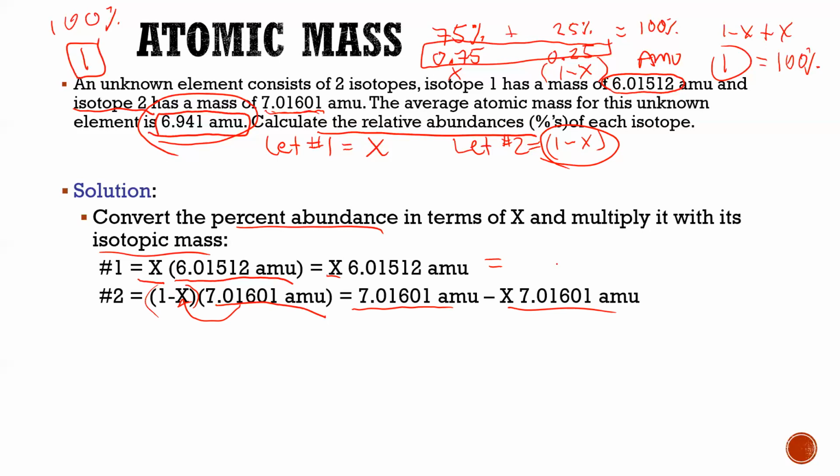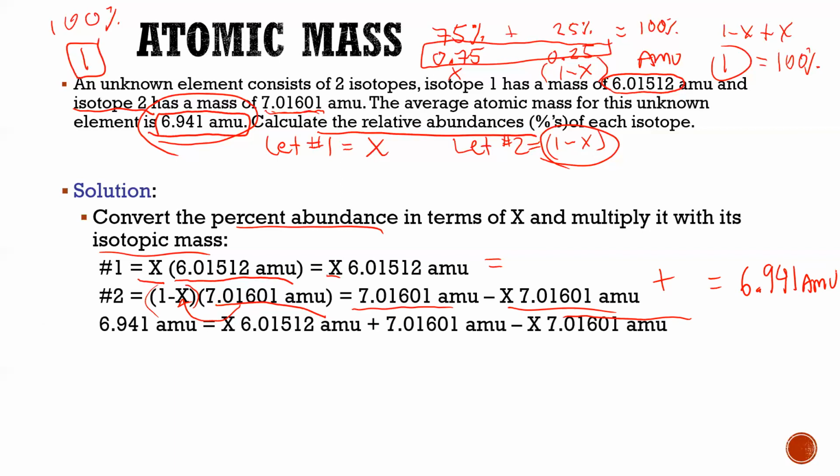And then I would take these two products, and remember, I'm going to add them, and it should equal, when I take the sum of this, 6.941 AMU. That's how I determined the average atomic mass before. The difference was there were no X's because I knew the percentage.